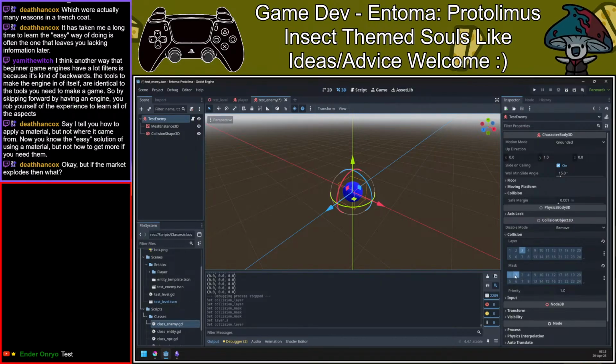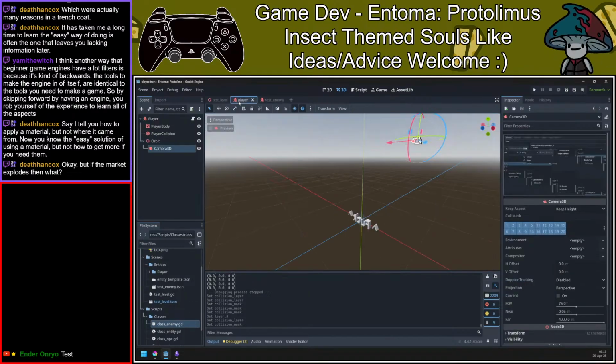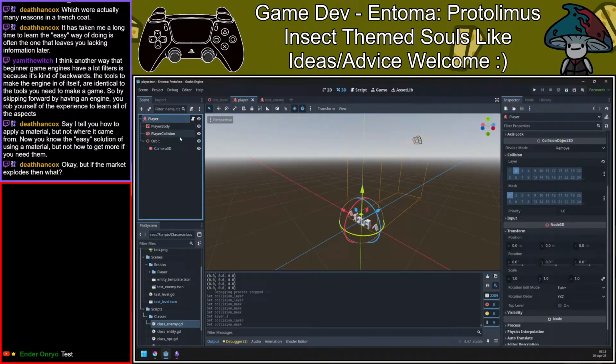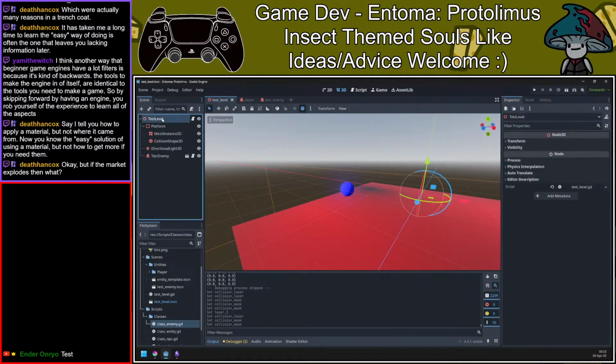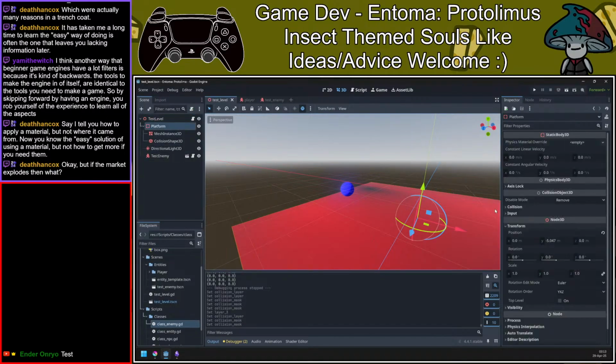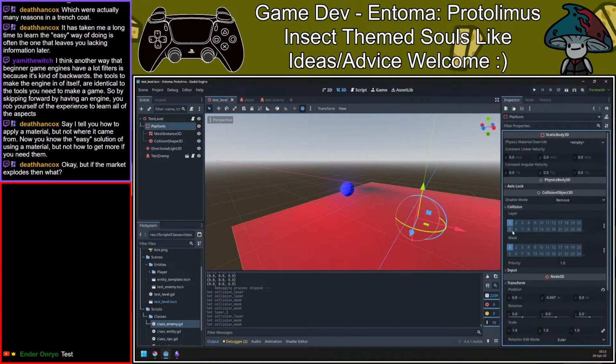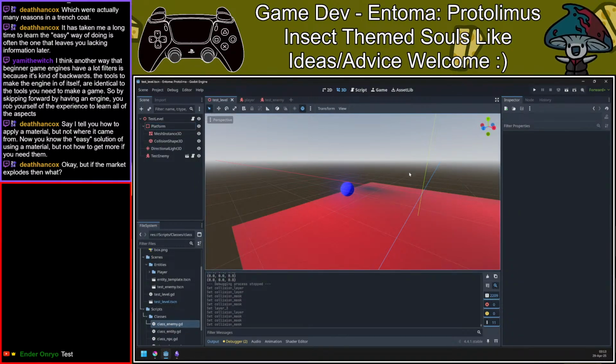So pushed back by terrain, pushed back by player, and also pushed back by other enemies. Player, blah blah blah. And then terrain doesn't have to look for anything, I don't believe.